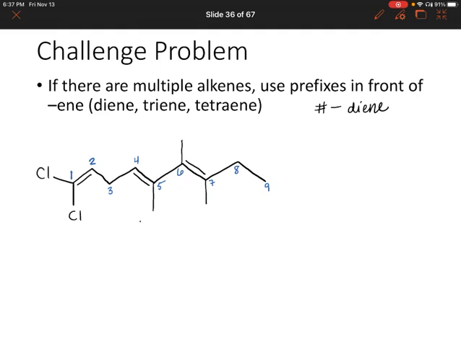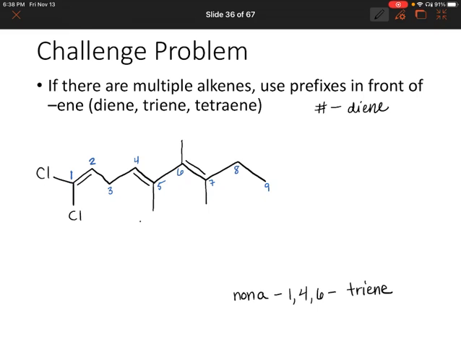So we can start by saying, okay, there are 3 double bonds, so that's a triene, and the double bonds are at positions 1, 4, and 6. And remember, we're always listing where the double bond starts. And then we can also add in front nona to indicate that we have 9 carbons in the longest chain.